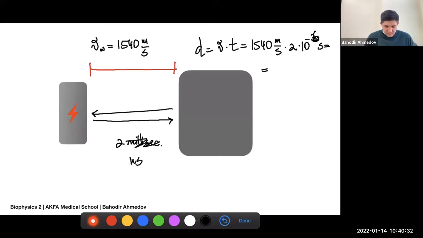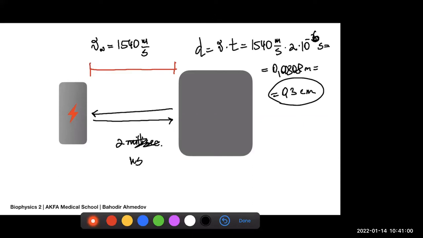Then this is going to be equal to 1,540 multiplied by 2 divided by 1 million. It's going to be 0.00308 meters. And if you convert this into centimeters, it's going to be 0.3 centimeters. Okay, which makes sense. Yes.